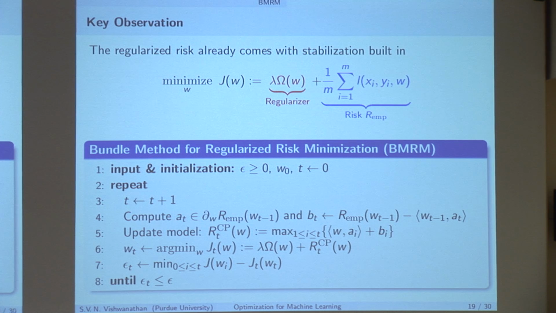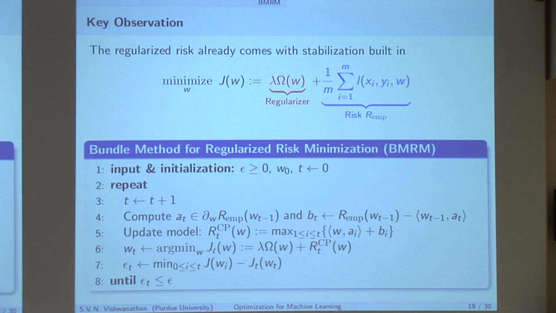So, here is the dumb, straightforward idea: why do we not take the empirical risk and build a piecewise linear lower bound for that? In other words, we only build a linear lower bound, a cutting plane model, for the empirical risk. We do not touch the regularizer.